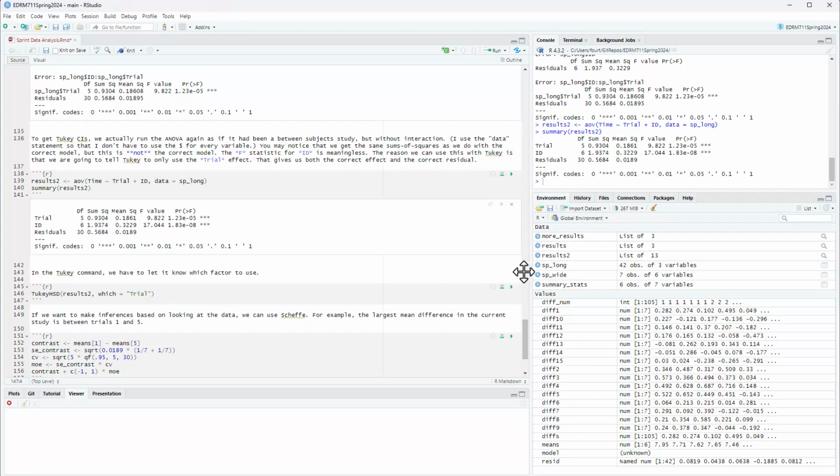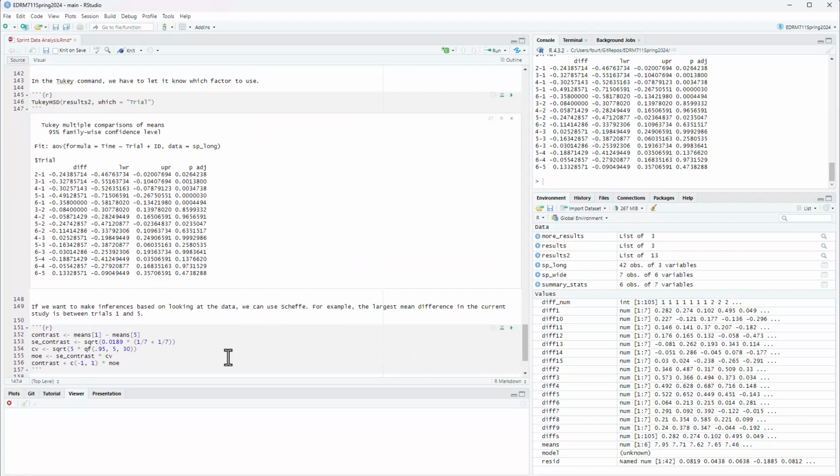So if we do all of these, I look and I can see indeed some differences here that are true differences, but I also notice that I have pretty wide intervals. Look at that first one, from 0.02 to 0.47.